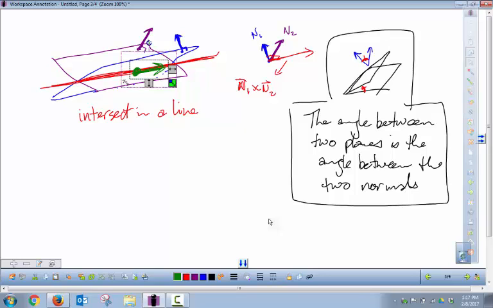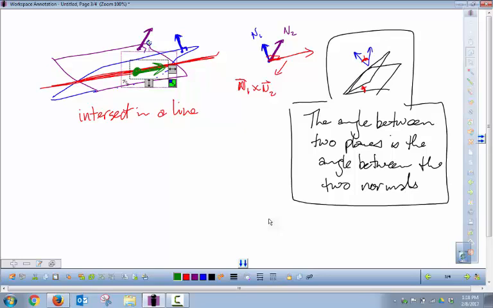It's more of a process than a formula. But as a placeholder, you just call it N1 and N2, and then the cross product will be N1 cross N2, and just leave it like that.